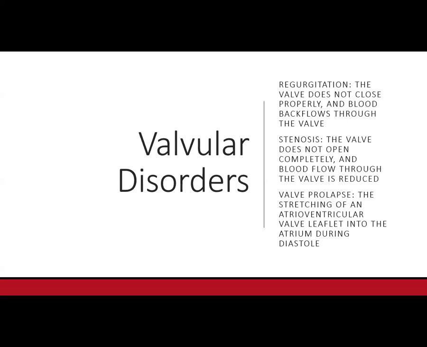Now, your valve heart disorders can be congenital or acquired. So congenital valve heart diseases can affect all four valves, and it can be either stenosis or insufficiency. Acquired means that it's over time, and it can be classified as three different types. So the acquired ones can be your degenerative, so that's due to age.